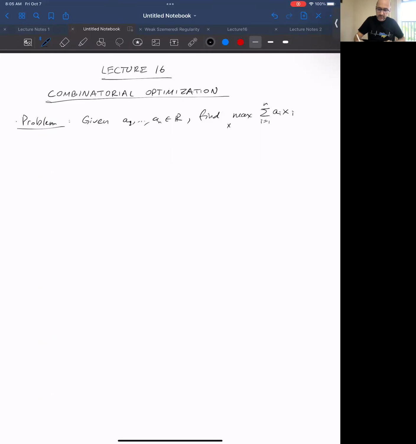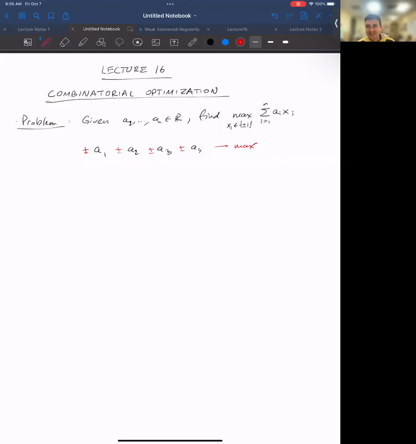So the xi's are allowed to be plus or minus 1 signs. So here are the numbers, a1, a2, a3, let's say a4. And I would like to find the signs so that the sum is the biggest. So I either add numbers or I subtract them. This problem is easy, actually.